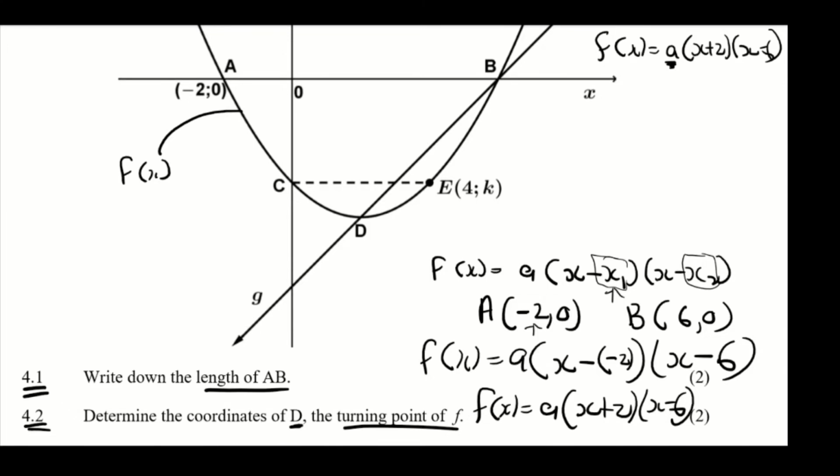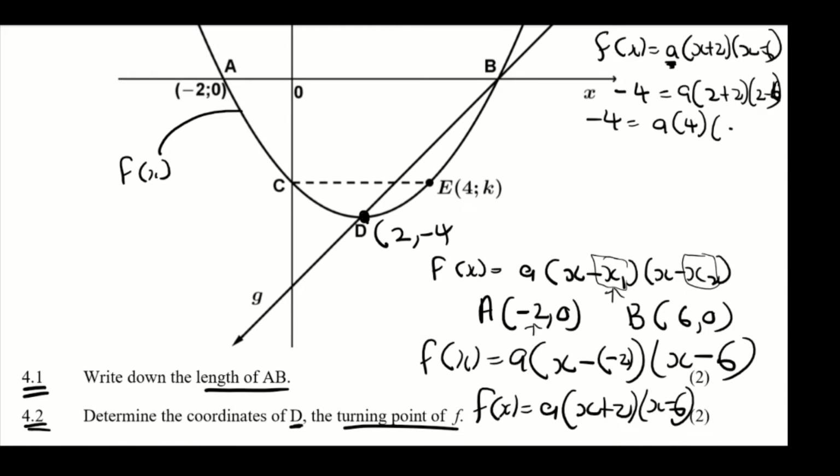Because this is a graph of f and we now know the point D being equal to 2 and minus 4, we can simply substitute that. So where there's y, put minus 4 is equal to a into, where there's x, you're just going to put the value of 2. So it's 2 plus 2 into 2 minus 6. So this is minus 6. And then minus 4 is equal to a into 4.